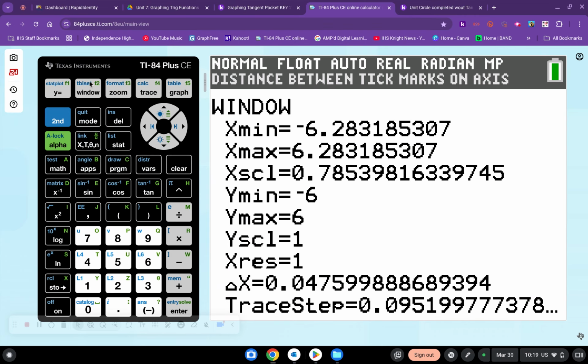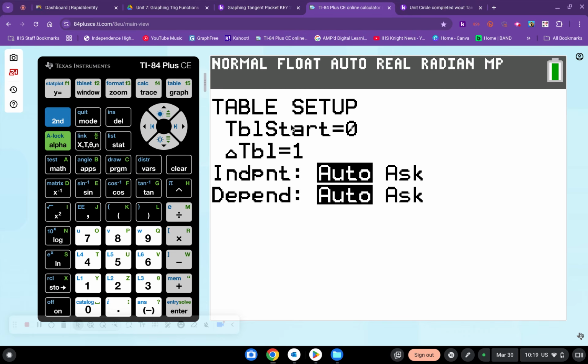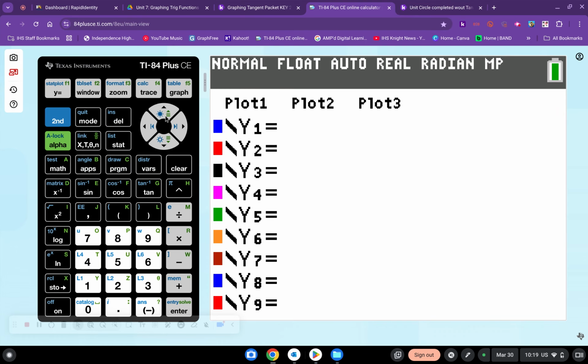And then let's go over to the table set. Table set, remember, is the same button I use for window, but I just need the blue key first. We'll start at 0, and then let's count our table with a scale of pi divided by 4, so we'll have the same scale on the table and the graph.